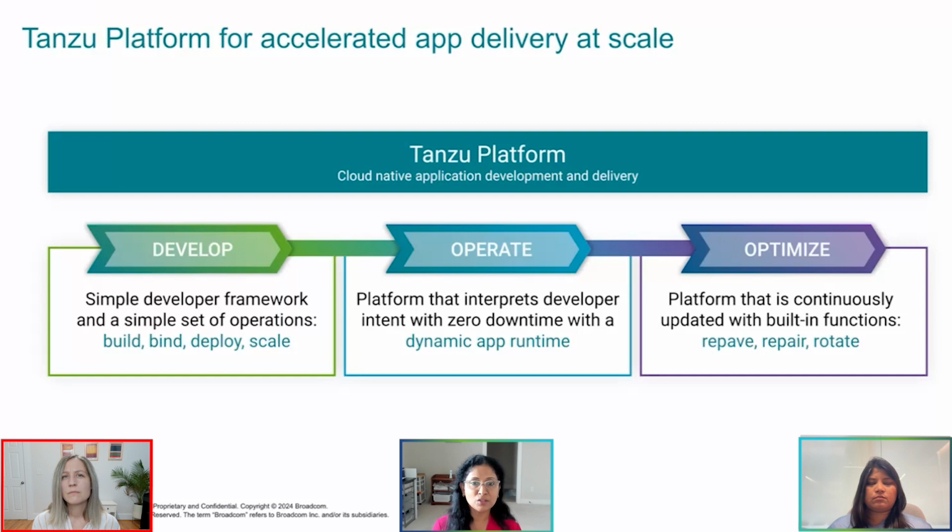Repairing the application for CVEs, whether in the application or the platform, and then rotating. Rotating is about rotating credentials to ensure that there are no leaked encryption keys, passwords, API tokens, etc., thus keeping the application secure no matter how it's running and against anything that might go wrong from a security perspective.